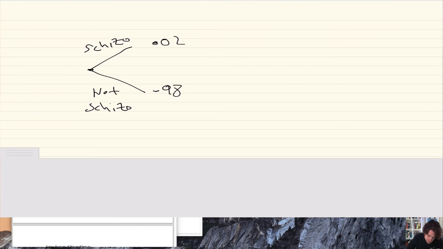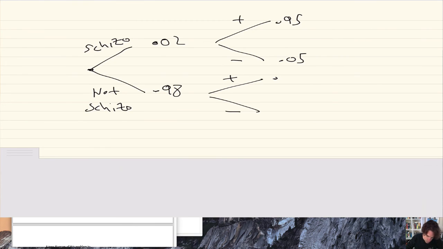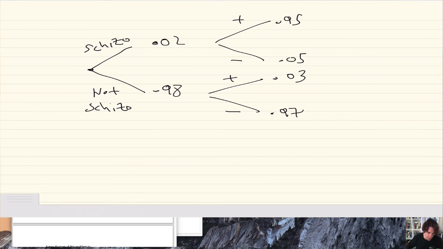Among the people that are schizophrenic, the probability that they'll have a positive test is 0.95, and the probability that they'll have a negative test is 0.05. Similarly, in the non-schizophrenic population, we're given the negative test is 0.97, so the probability of a positive test is 0.03. And so we can put all this information together.